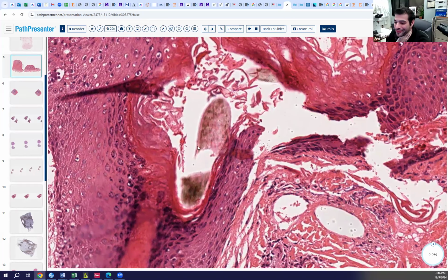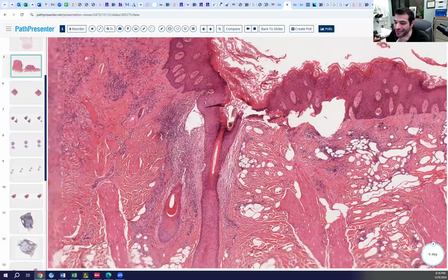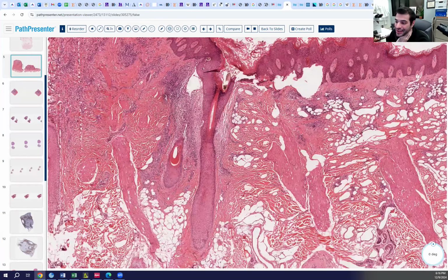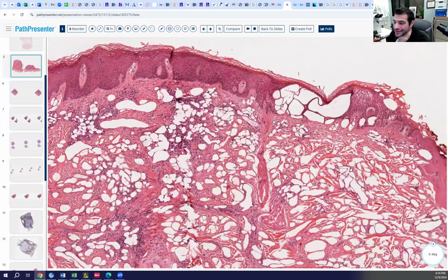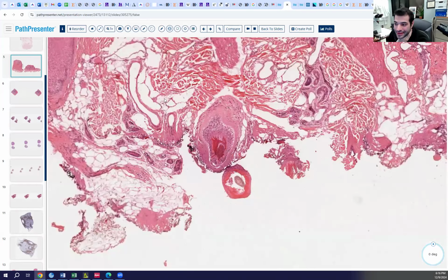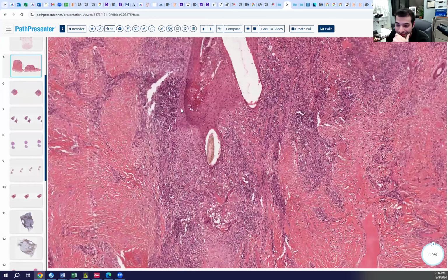This is a hair shaft. So there's a hair follicle, and inside the hair follicle you have a hair shaft. Otherwise, how do you make hair? How's your hair going to come out if it's not making hair shafts? So these are all hair shafts.